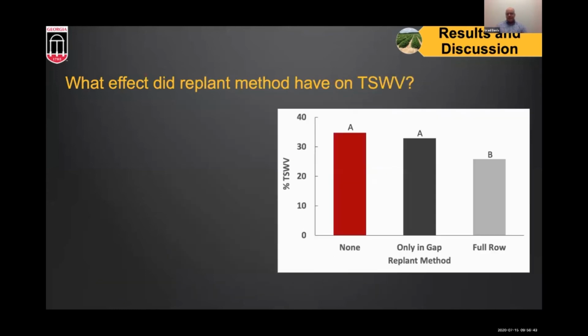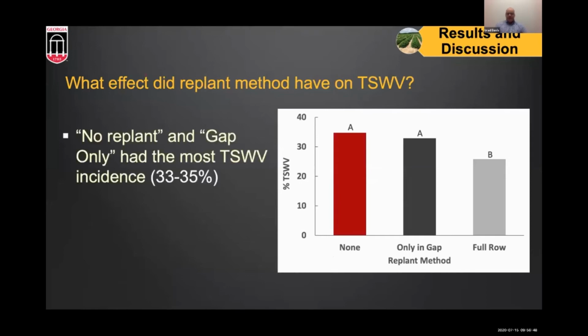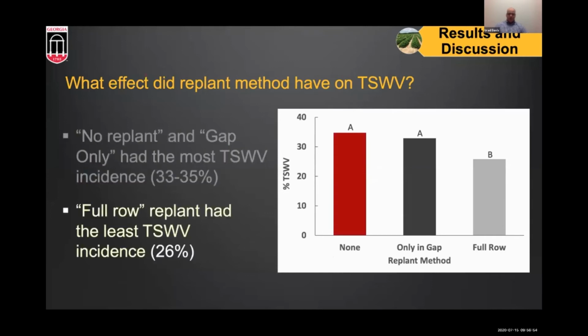What effect did replant method have on TSWV? No replant and gap only had the most TSWV incidence at 33 and 35% respectively, while full row replant had the least TSWV incidence at 26%.